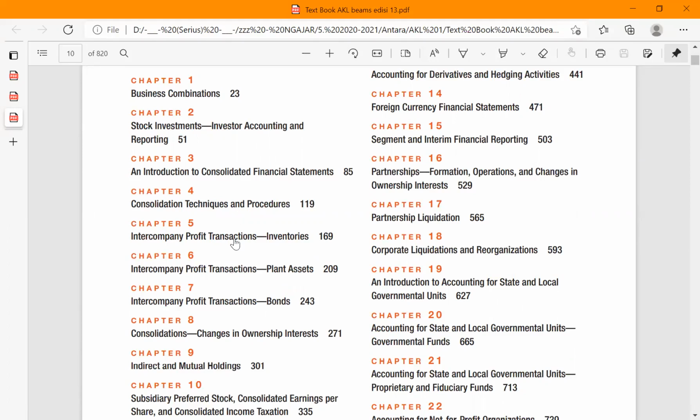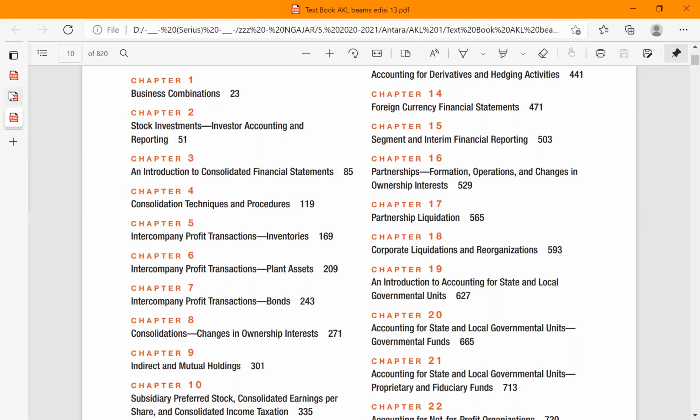So this is really like a sequence of chapters. The basic assumption that must be met to finish Chapters 5, 6, 7 is that you completely understand Chapters 1 until 4, especially Chapter 4.